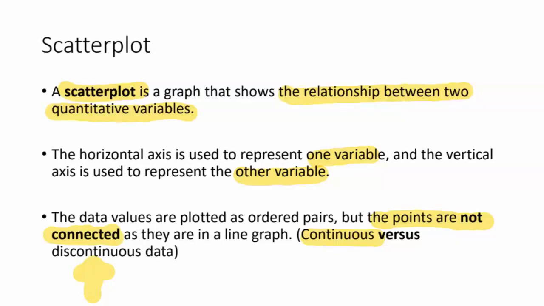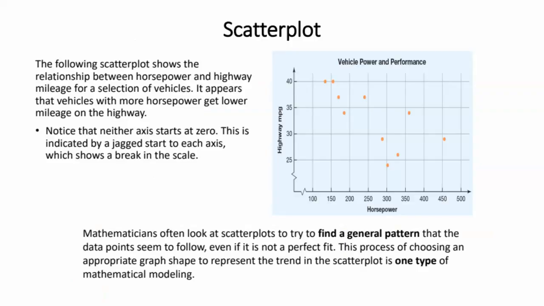So therefore, each dot has a value for the x and the y axis, but it has no relationship that we can connect each dot to each dot. Now, here is an example. The following scatterplot shows the relationship between horsepower and highway mileage.